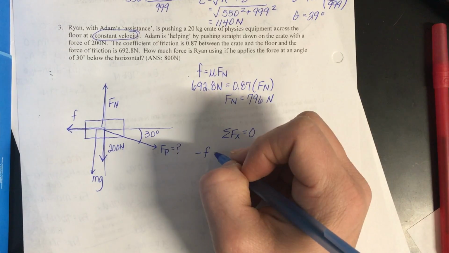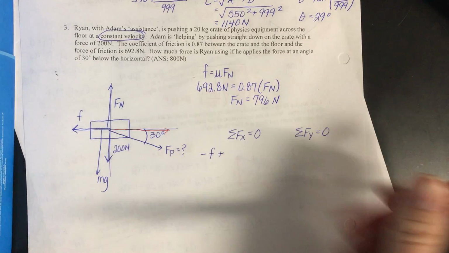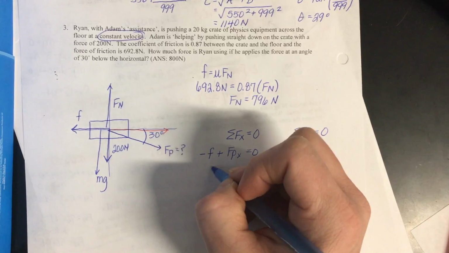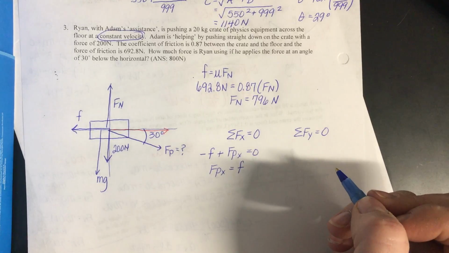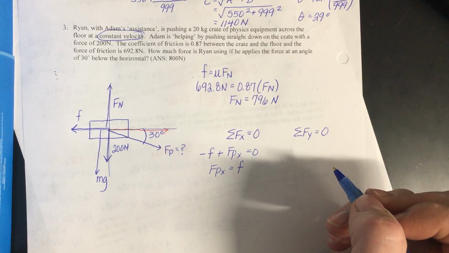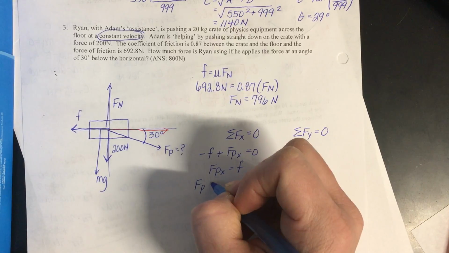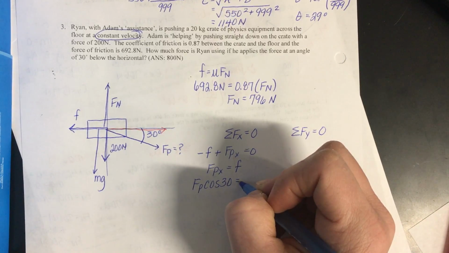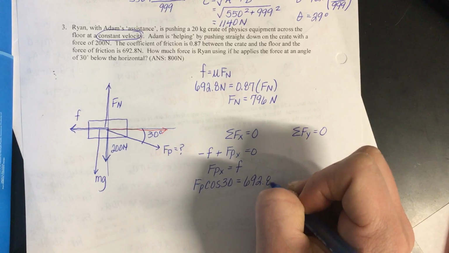We've got negative friction plus this positive component of Fp equals 0. So Fpx is equal to friction. Now, there's two ways you can do this problem. You know that Fpx is equal to Fp cosine of 30, and they gave you the force of friction, 692.8.